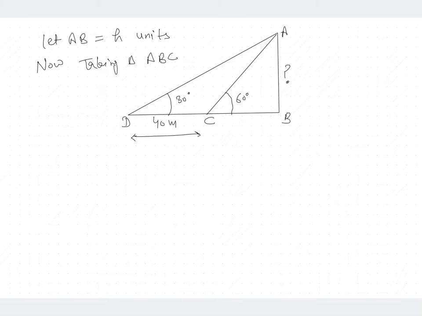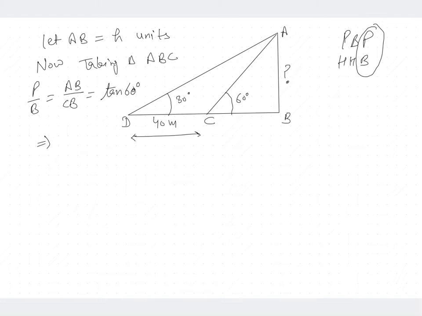If you remember that PBP, HHB, perpendicular, base, perpendicular, hypotenuse, hypotenuse, base. So from here we come to know that perpendicular upon base, that is AB upon CB, equal to tangent 60 degree.